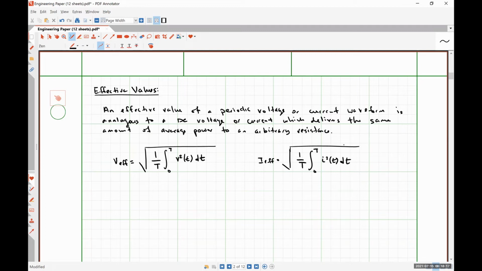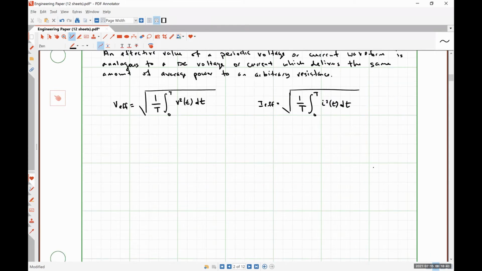So by squaring our periodic waveforms, we are always going to get some finite, usually non-zero value. When we integrate over 1 period and divide by the length of that period, that is taking the average value, or the arithmetic mean, of the square of that voltage, and then we take the square root. So it's root mean squared, RMS, all right?